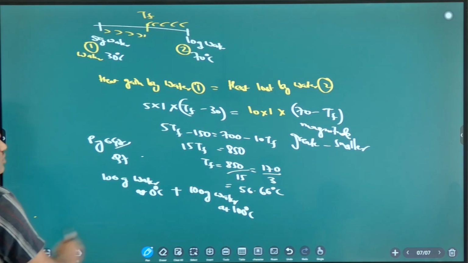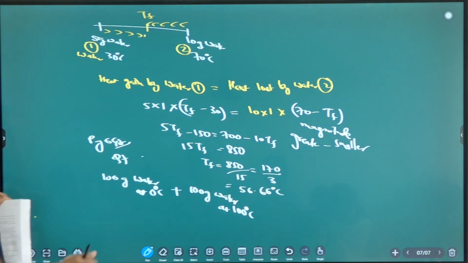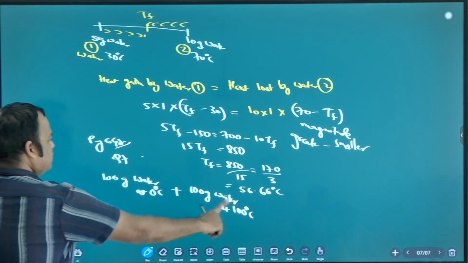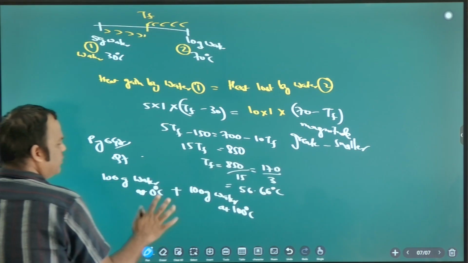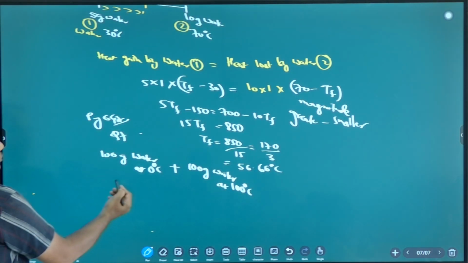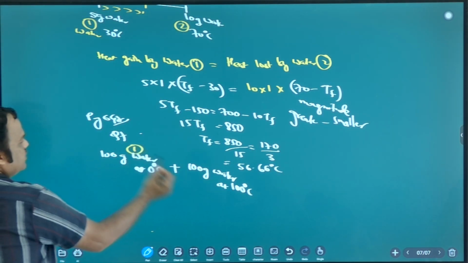So this is also an easy question. Why easy? Both are water. No ice, no steam. So this is water 1, this is water 2.